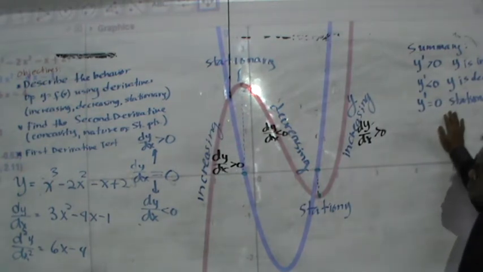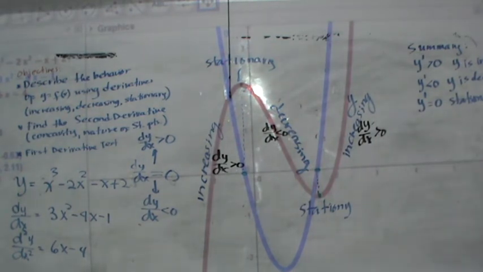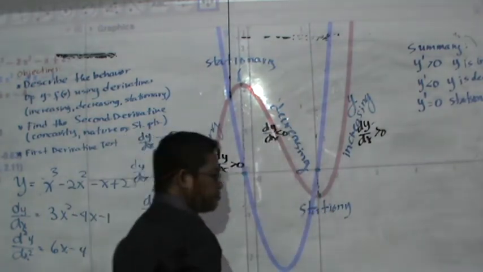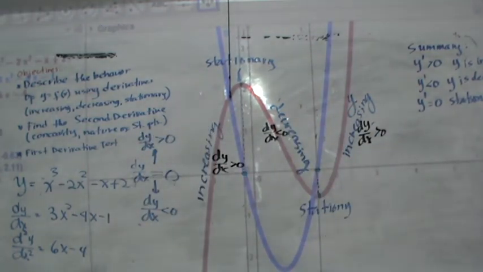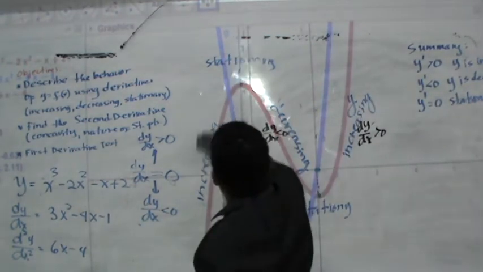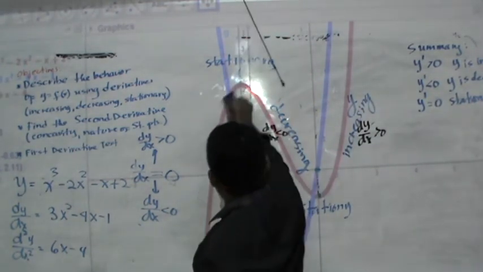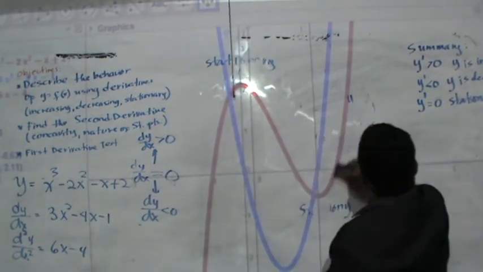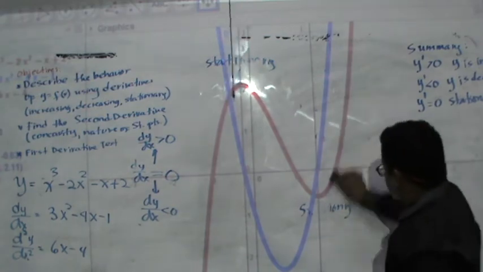So in this specific example, try to look at that. Let me just clean this one properly, because now it looks a little bit ugly. So let me erase this one. Well, the summary is here.